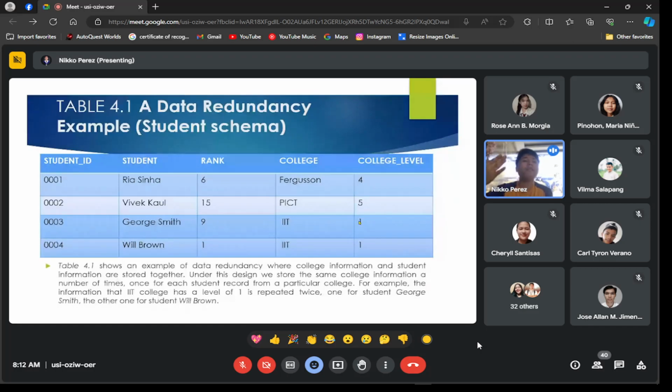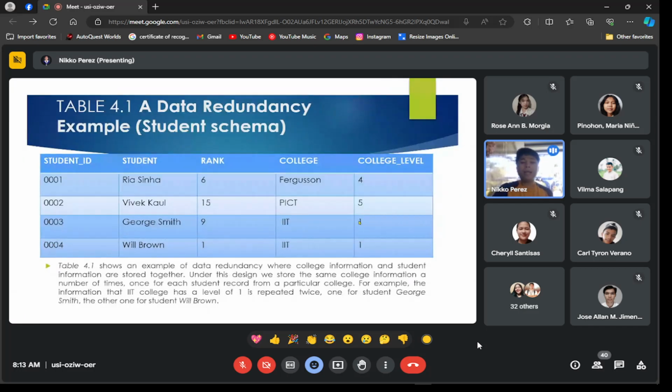So there will be 200 records repeated for the college Ferguson having the college level of 4. So what's the impact if it continues in having repeated values for our database? As I mentioned in our last semester, it will keep on consuming your storage resources. So what if your computer is only limited to a few values for storing data?